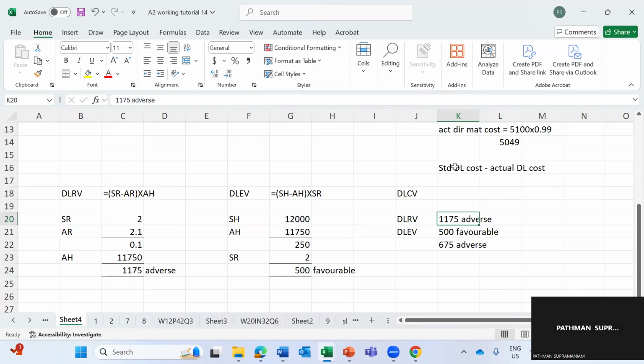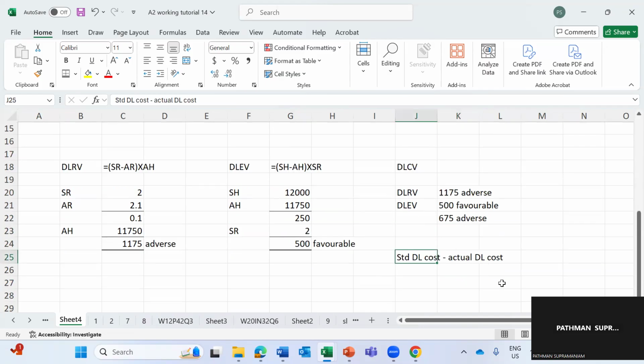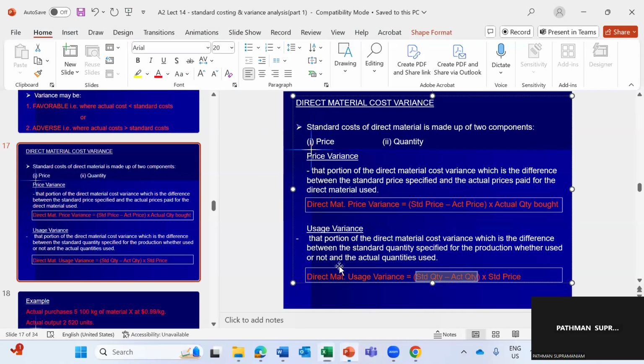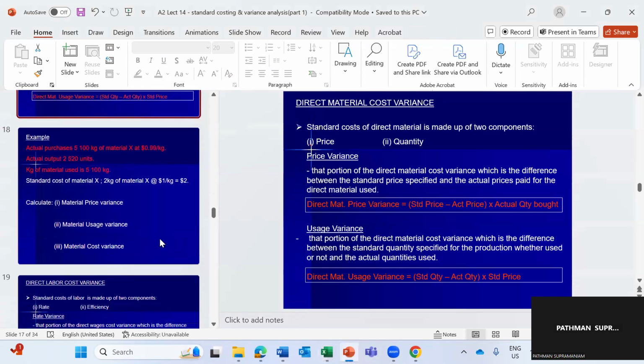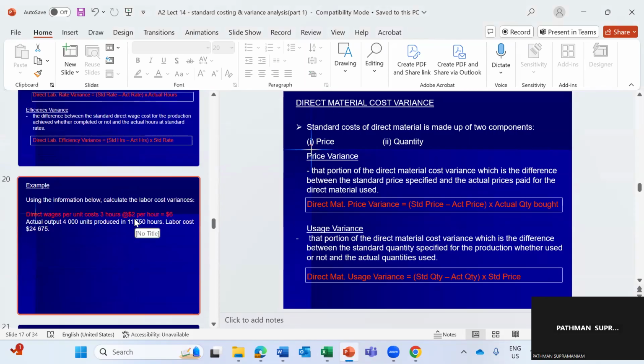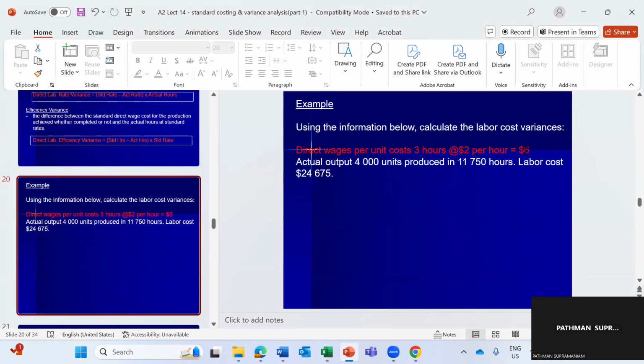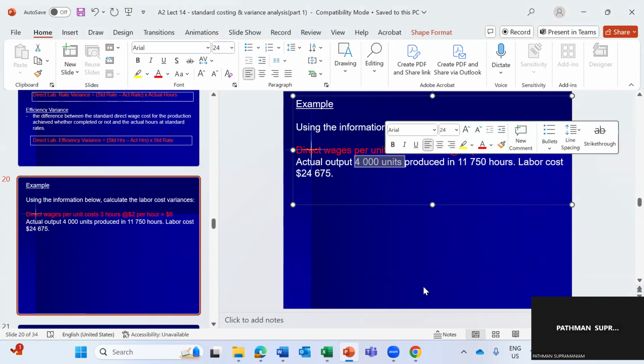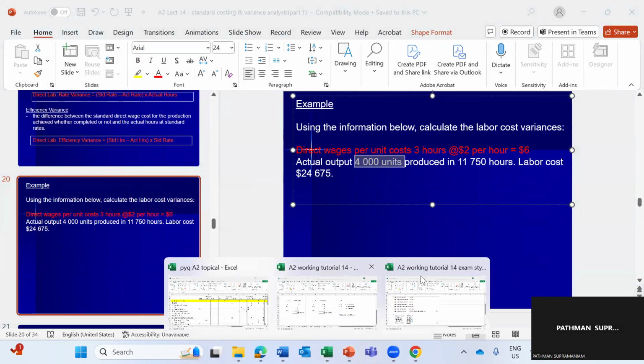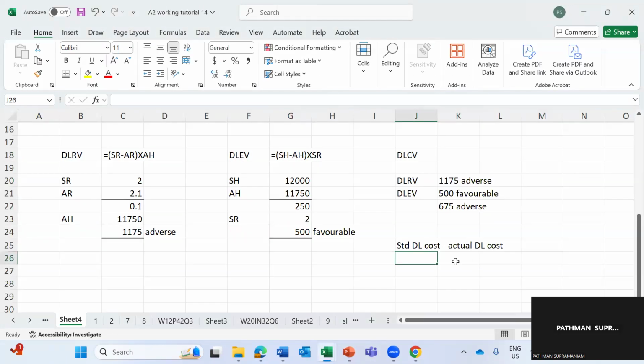Okay, so we could have done this in another way. You can check this in another way. If you take the difference between standard labor cost and actual labor cost, we are going to get this. So standard labor cost would be per unit $6 times 4,000 units. So 6 times 4,000 is $24,000, right?